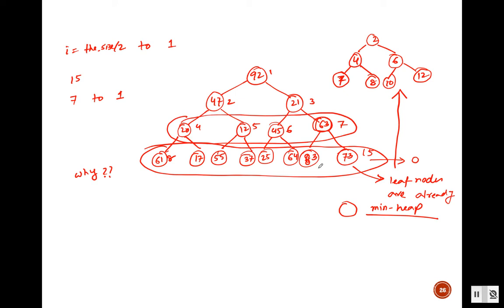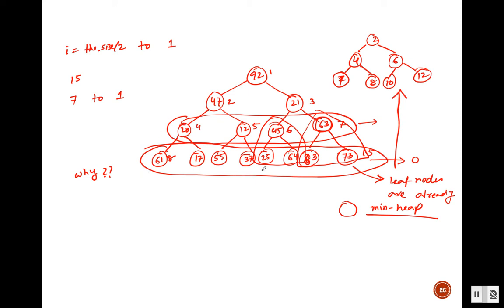As all the nodes in the leaf level, the bottom level, are already heaps, we then consider the level that has height 1. Every node in this level has height 1. We are going to do the heapify for each of the nodes. So we'll make this subtree a heap, then we'll make this subtree a heap.